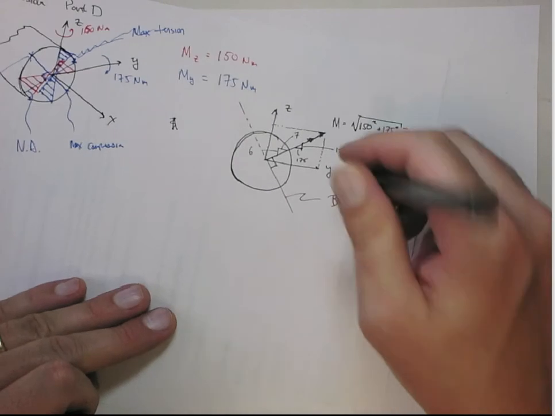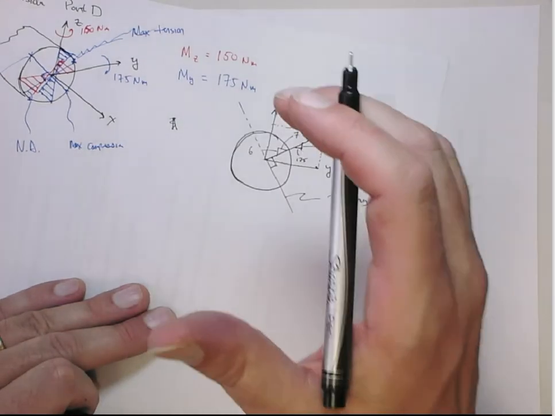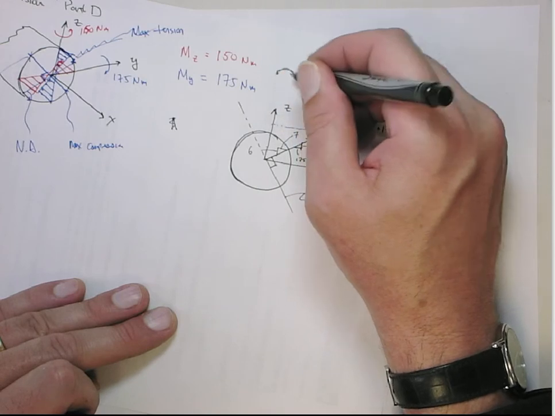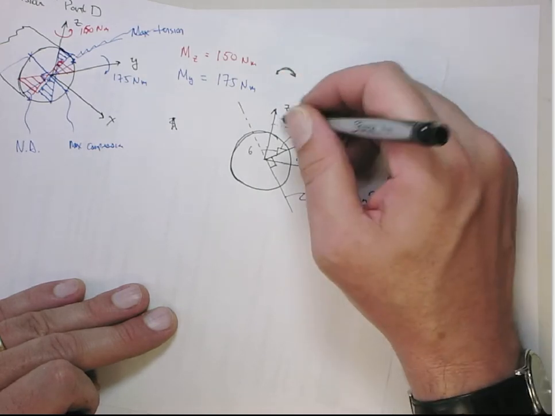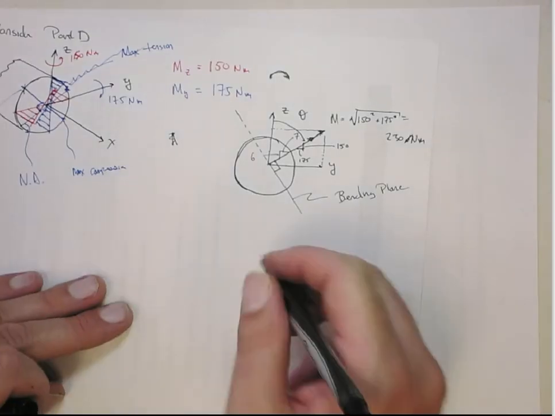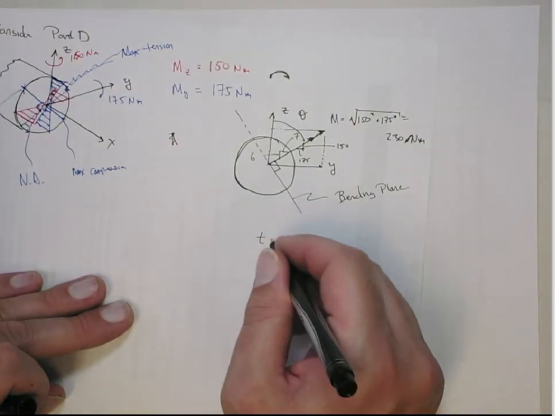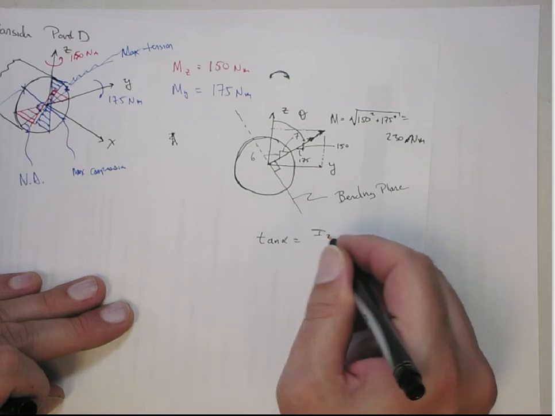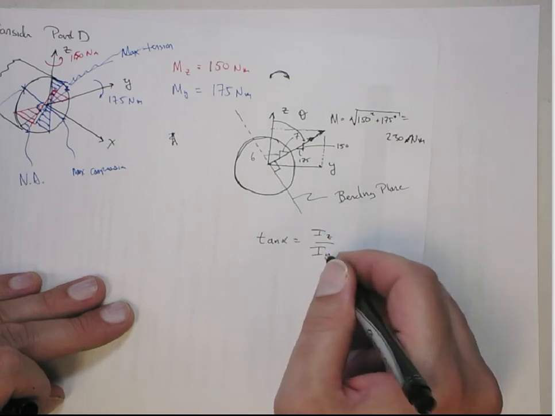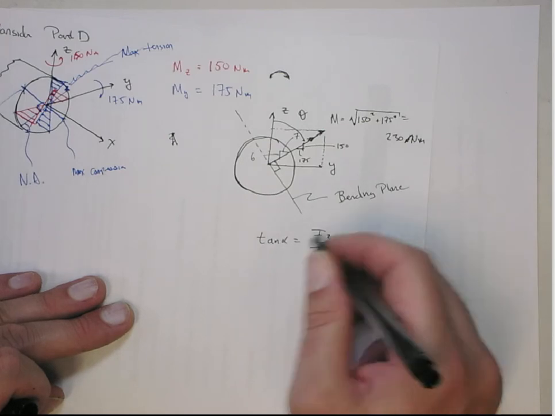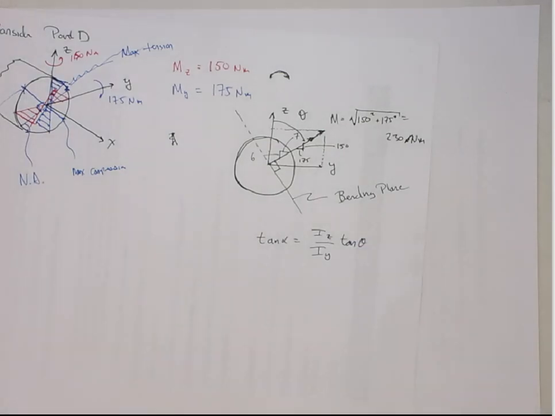So the positive angle is going to be this way. No, it's this way, actually. We're doing it negative. So this angle here is the theta angle. And if you look at the equation, the angle for the neutral axis location, let's see if I get it the right way. I forget whether it's z or y. It actually doesn't matter. Okay? Let me look it up. I should just get it right.